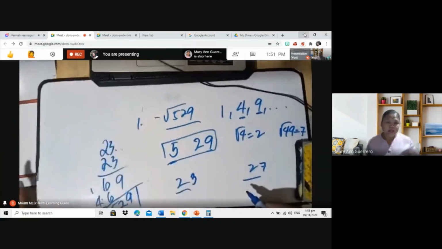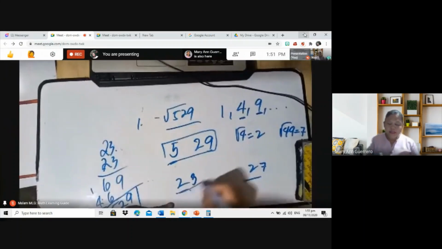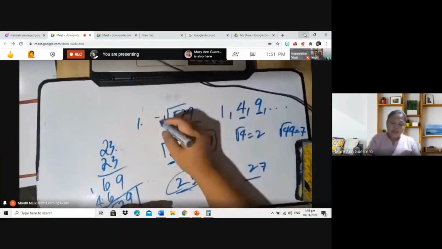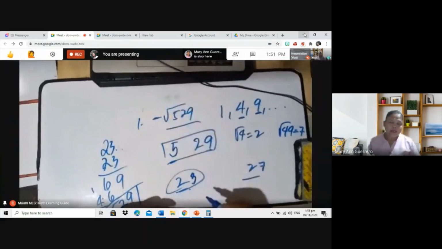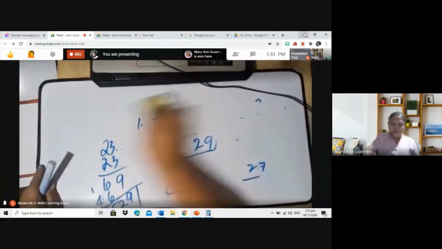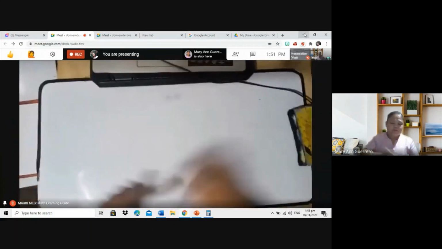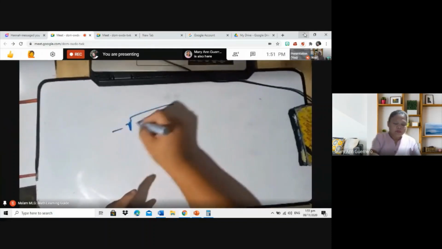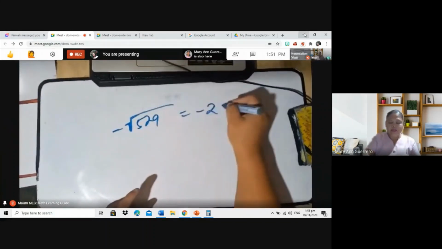So, ayan na. Okay, so ang sagot natin ay si 23. Dahil may negative ito, ang sagot natin ay negative 23. Again, negative square root of 529 is negative 23.